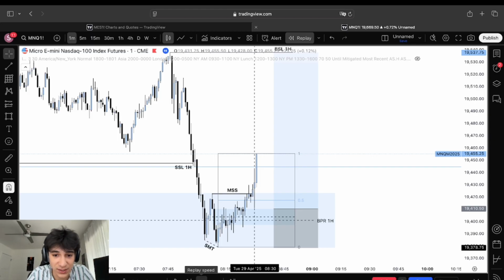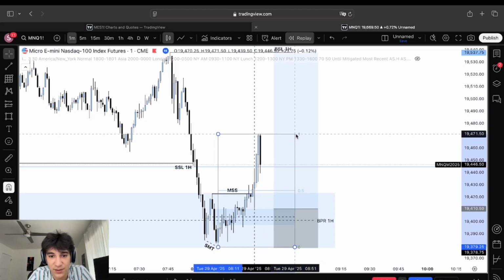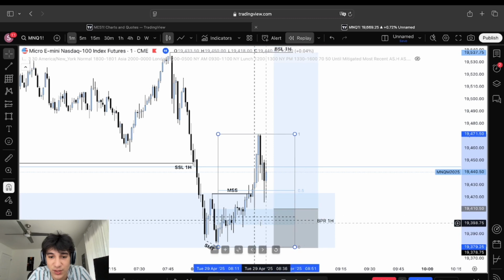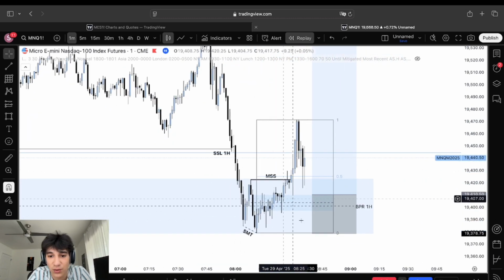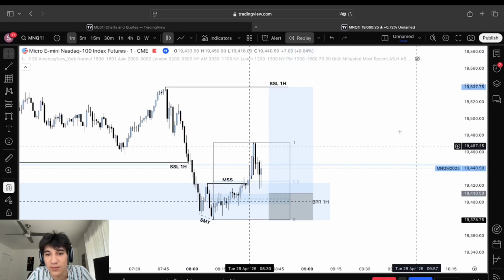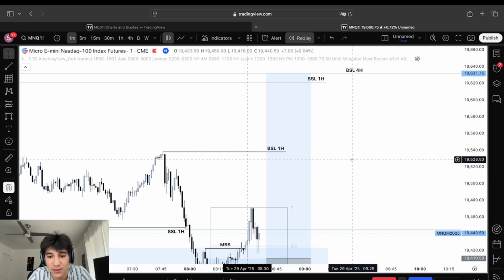We see that we literally get the same exact model in a second. More displacement higher. Again, not FOMOing out, not trying to enter this. And then boom, we tap into equilibrium. Still not trying to get into a trade, because I know that all the orders will be right here. And let's say first full TP at this 4 hour buy side.